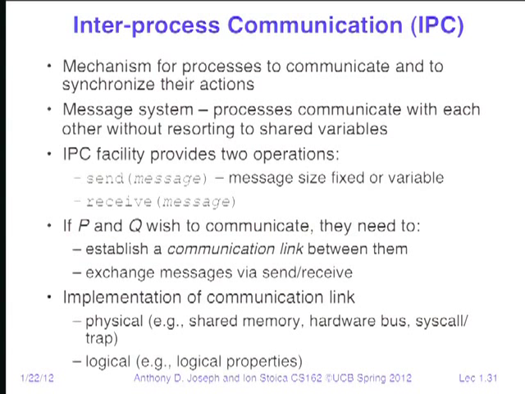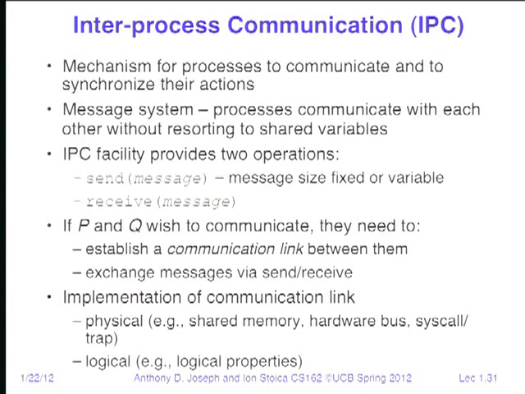We have two operations, a send of a message. Some operating systems fix the size of the message. Others allow it to be variable. And then a receive operation, which allows you to receive a message into a buffer. Okay, and there are blocking and non-blocking versions of these, synchronous or asynchronous versions of these. We'll go through a lot more detail of these when we talk about synchronization.